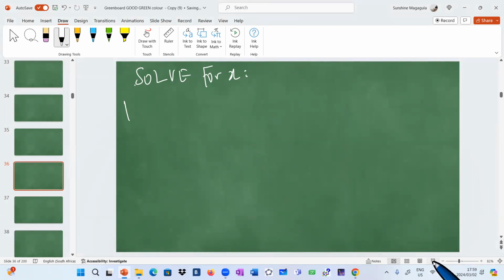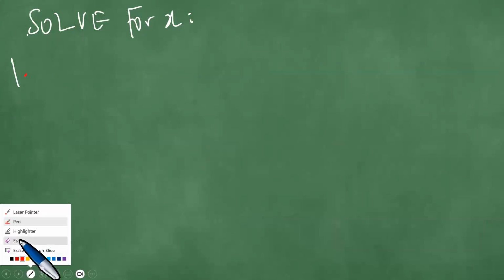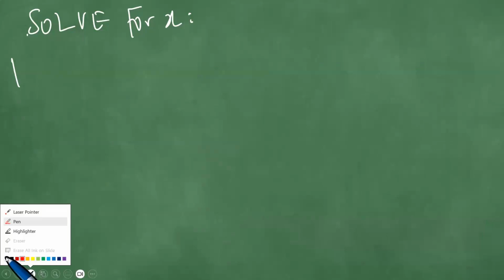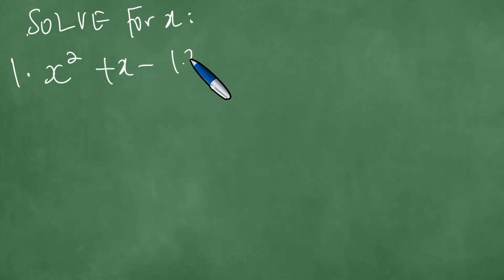So what do we then have here? Number one, x squared plus x minus 12 equals 0.